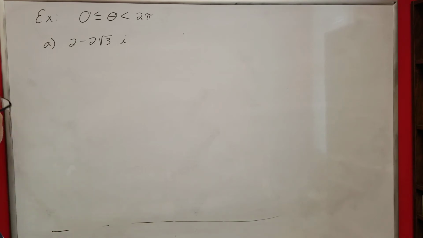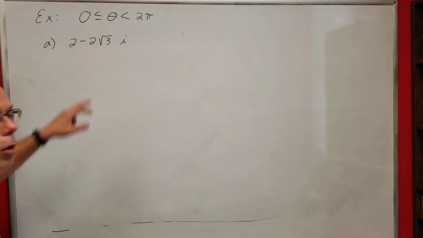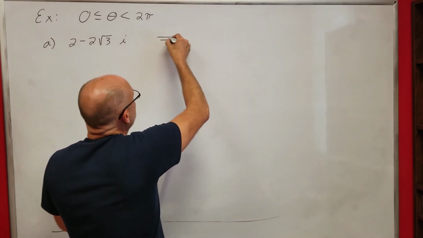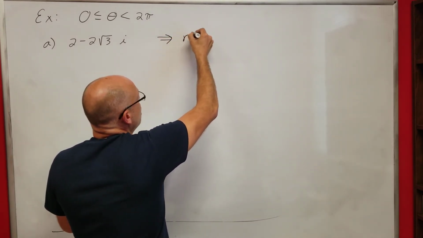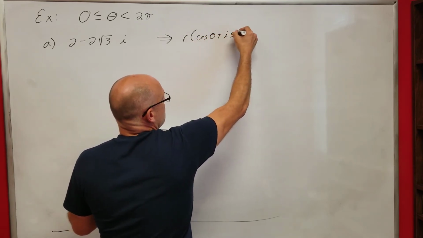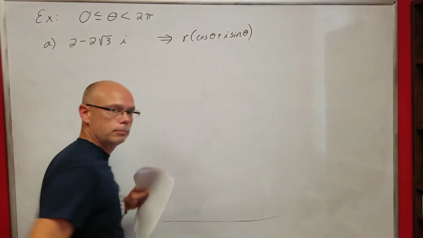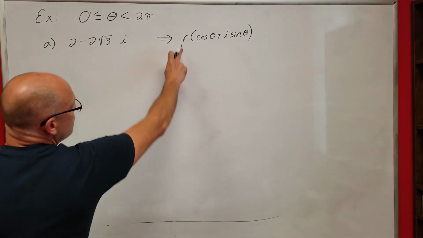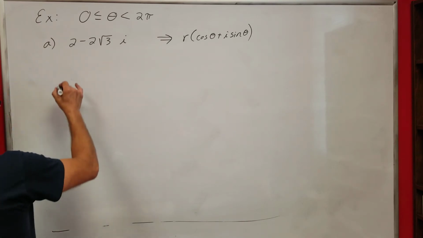So how do I write this number in polar form? Or let's think about where I'm going. Where am I heading? I want r times the cosine of theta plus i times the sine of theta, okay? That's the form I want to convert it into. Well, let's find r first of all, okay?